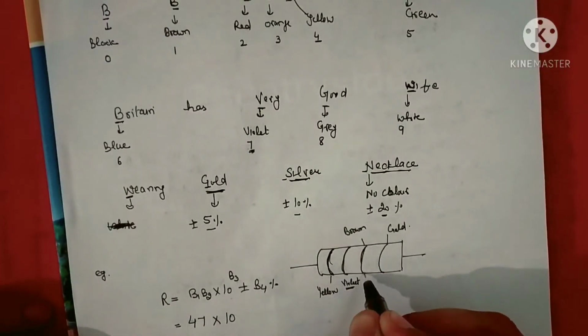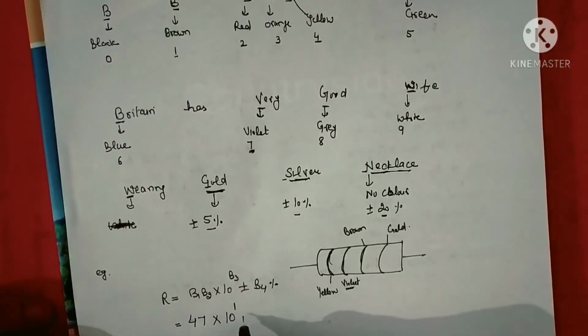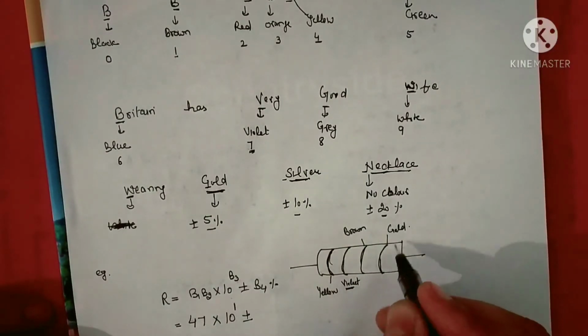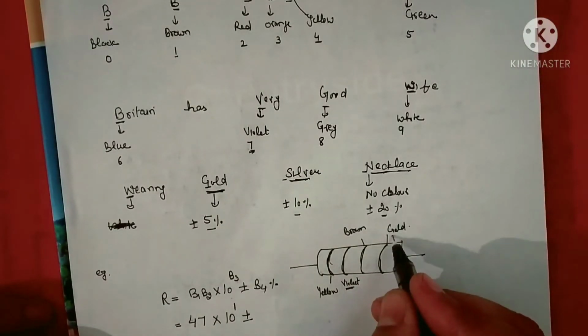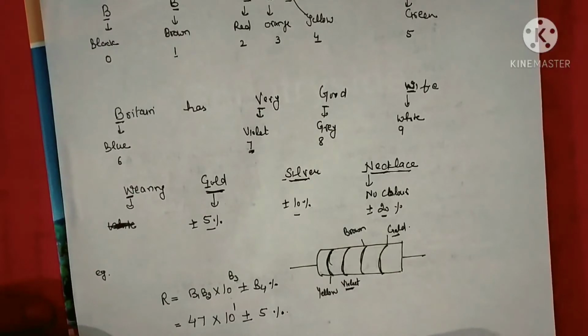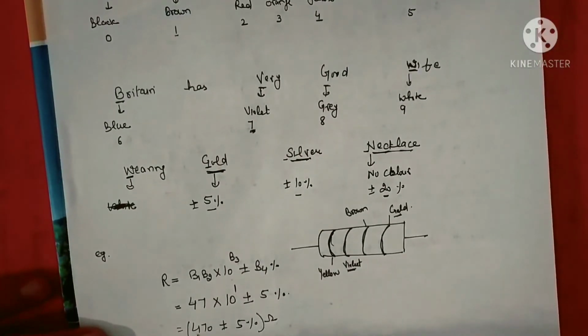B3 is brown. So according to the brown we have power 10 raised to power 1, plus minus B4. B4 means gold. B4 color is gold, and gold having tolerance plus minus 5%. So in this way we can write 470 plus minus 5% ohm. This is the resistance of the carbon resistor. In this way we can read the carbon resistor.